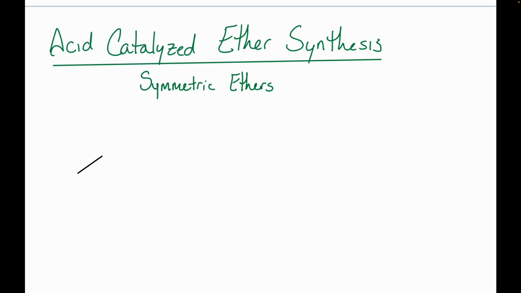So for example, if we take some propanol and we have some acid catalyst here, so I'm going to use hydronium. All right, what we're going to find is we get this symmetric ether.